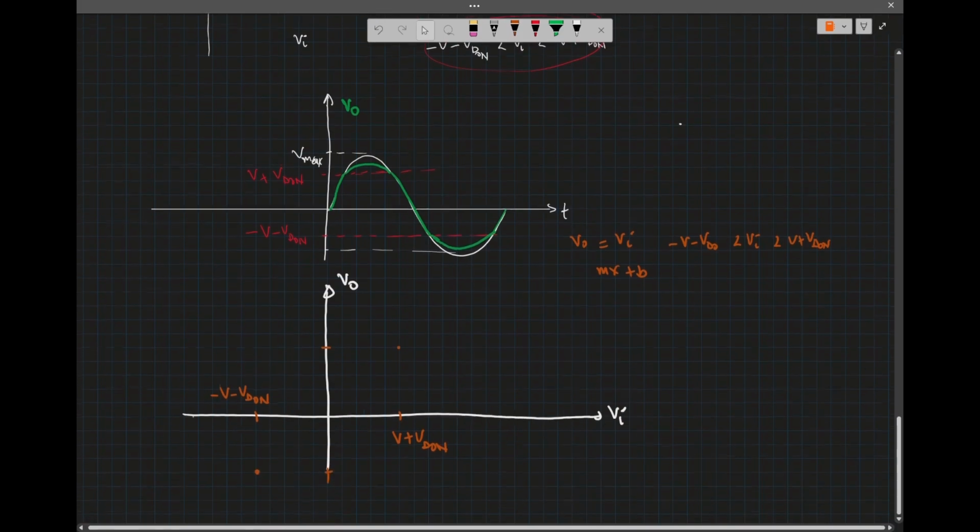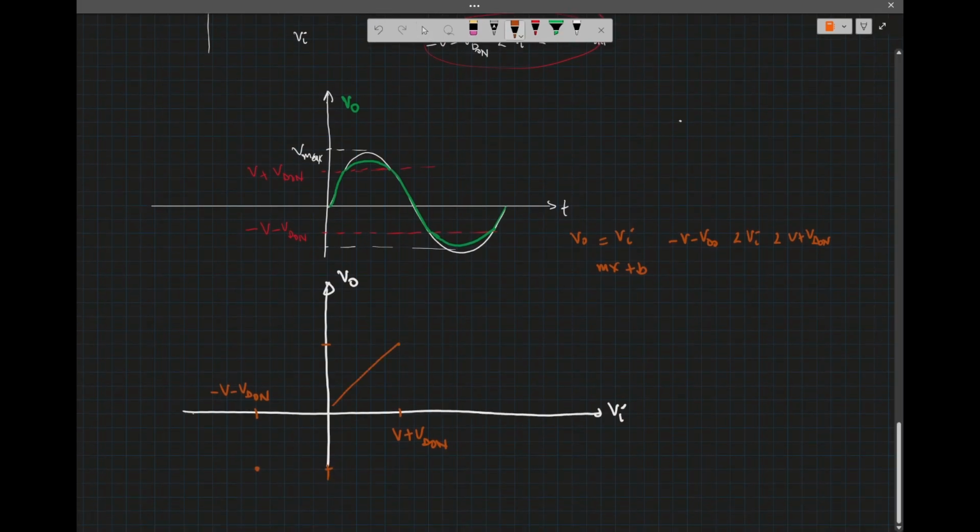That will give me this straight line to the origin.